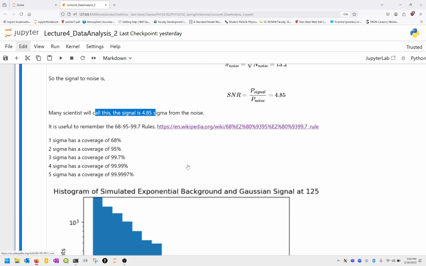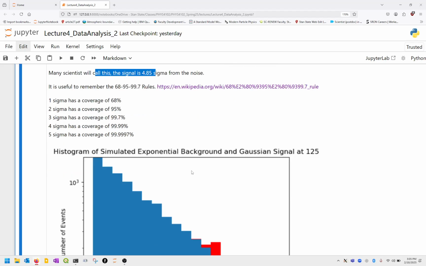I'm not going to go through the other ones. But at least in particle physics, in order to make a discovery, you have to reach 5 sigma. This is like a 3 in a million chance of it just being random. So if you're building a $10 billion experiment and you give the public an answer, you better be pretty sure, because otherwise they're not going to build many more of these.